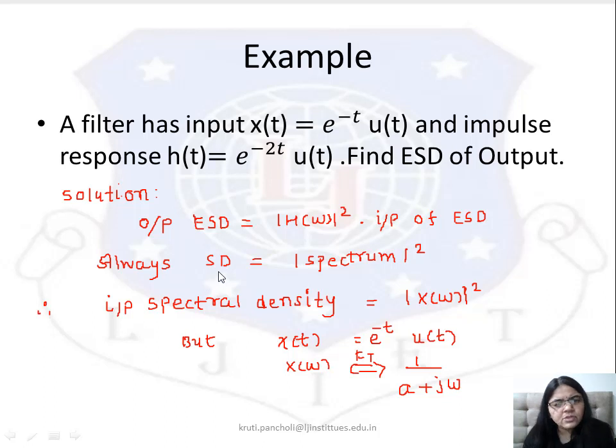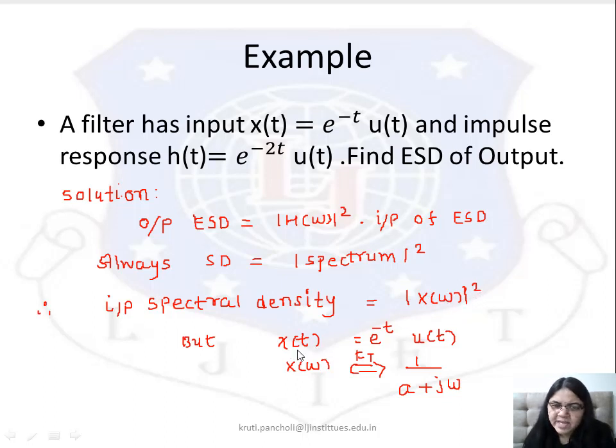We know that spectral density is the amplitude spectrum whole squared. The input function is x(t), its Fourier transform is X(omega), and the spectral density is modulus of X(omega) whole squared.